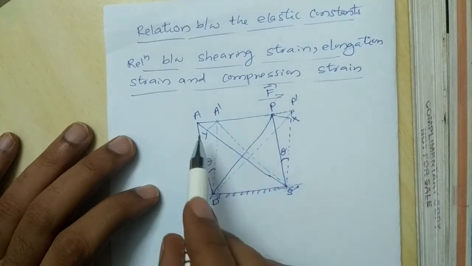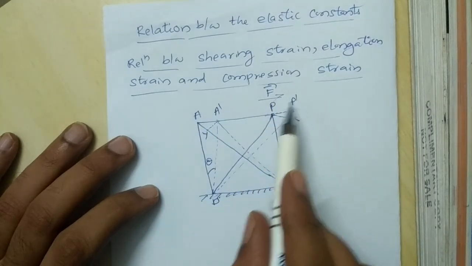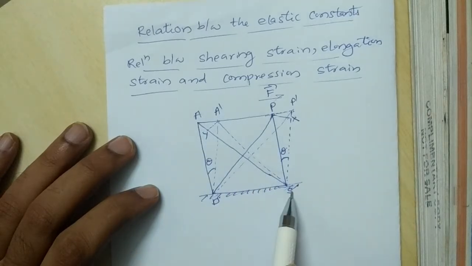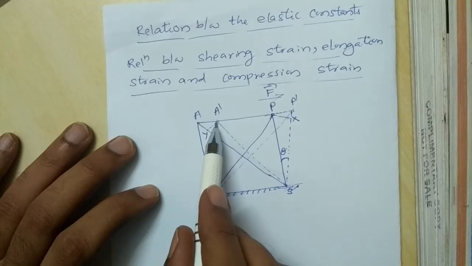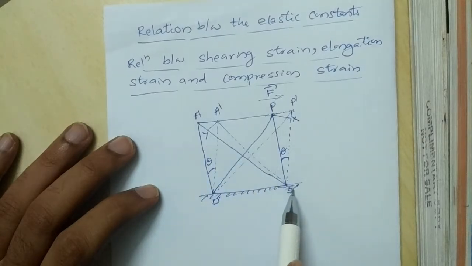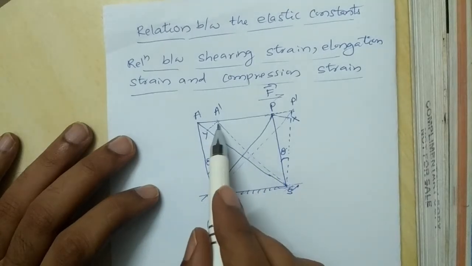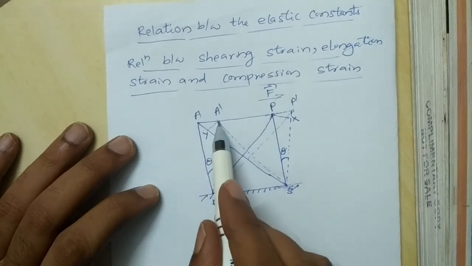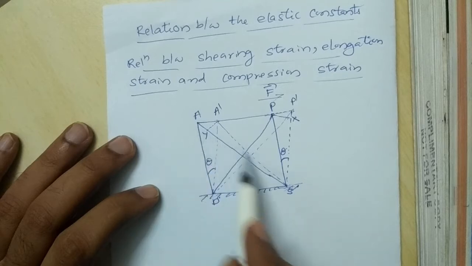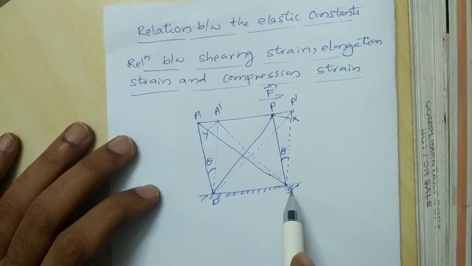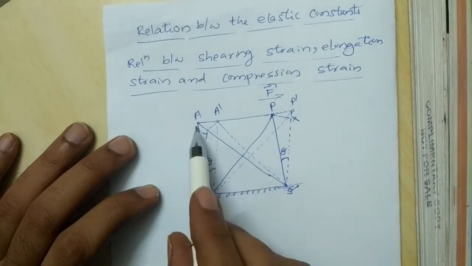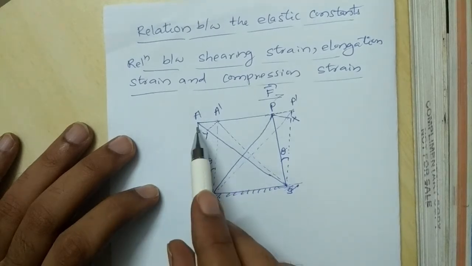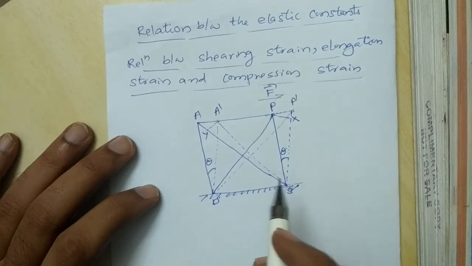So similarly, before I apply a force in this direction, AS was the diagonal length. Now it is contracted to A dash S. So to find the contraction taking place in this diagonal, draw a perpendicular from the point A dash to the diagonal AS. Okay, so AY is the contraction taking place in the diagonal whose original length was AS.